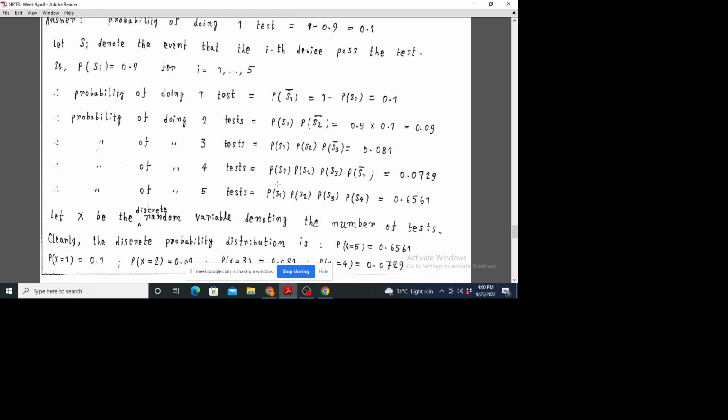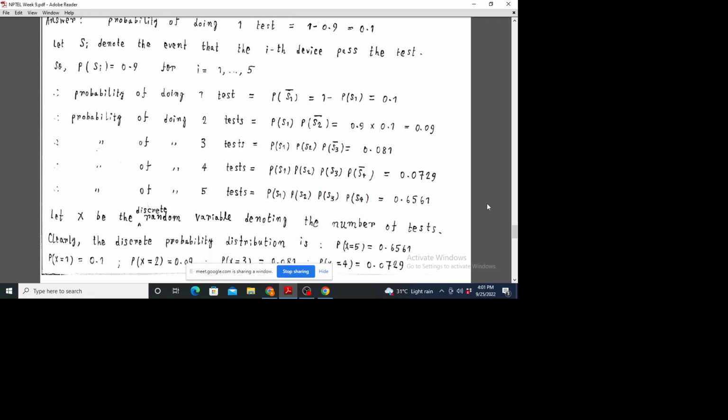For that, you have to pass all 4 tests, and it doesn't matter whether you pass or fail the 5th test, because whenever you pass the first 4 tests, you are anyway going to do the 5th one. So just multiply the probabilities of these 4 independent events.